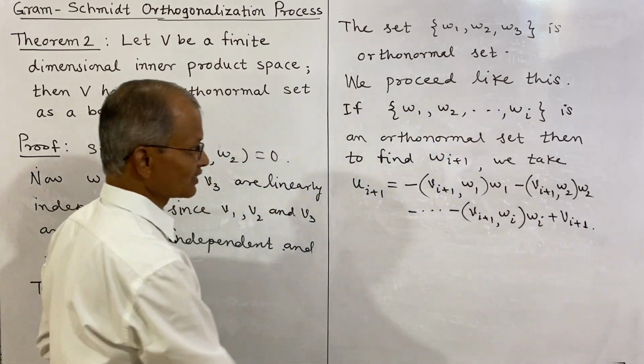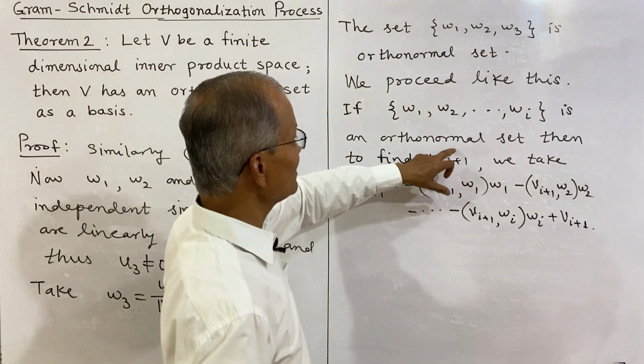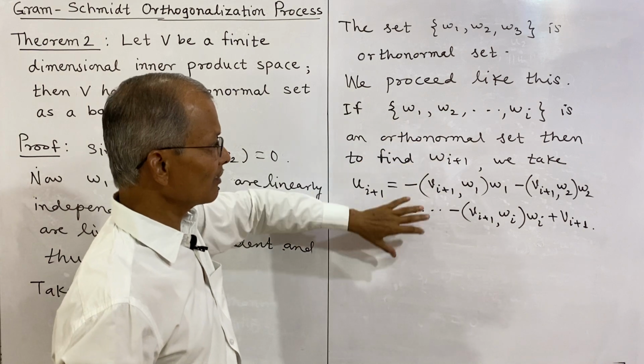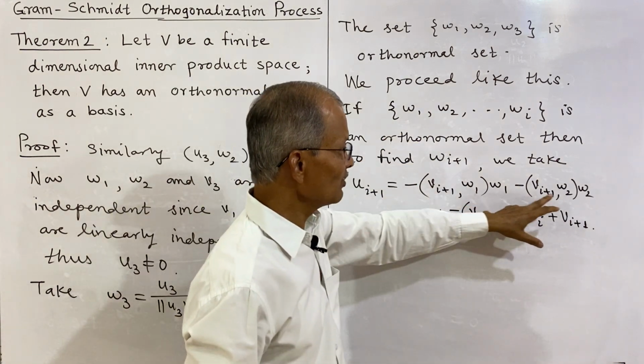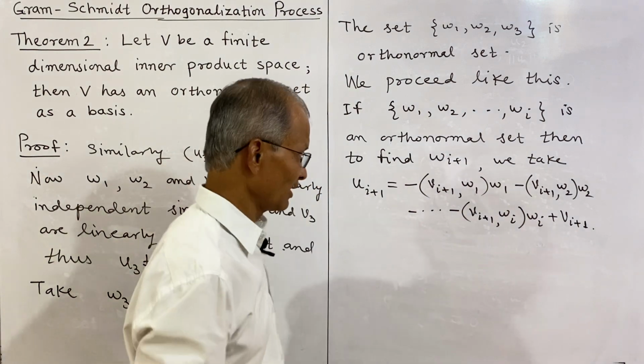And then the vectors w1, w2, up to wi are a linearly independent and orthonormal set, and therefore these vectors w1, w2, up to wi and v_{i+1} are linearly independent.